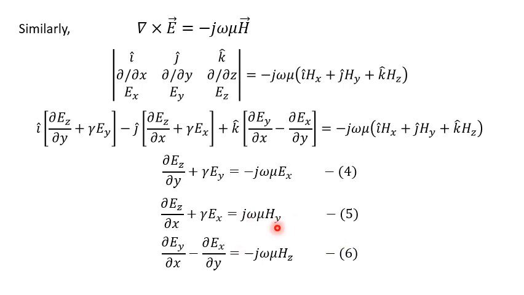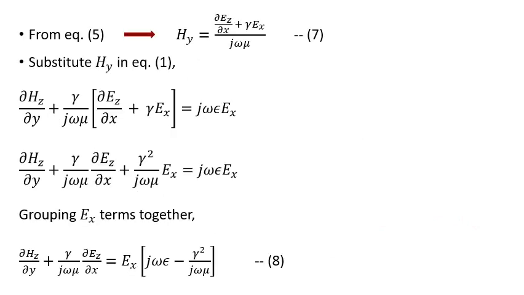From equation 5, you first find an expression for Hy and then you substitute it in equation 1. So from equation 5, we can write Hy is equal to dou Ez by dou x plus gamma Ex divided by j omega mu.